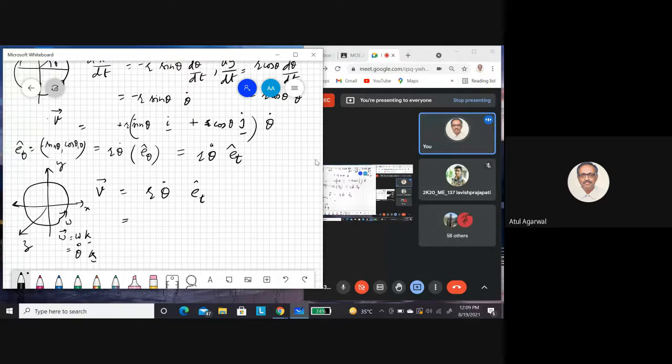Rate of change of angular position is your omega. So you can write this as omega k cross, you see this was the position vector r e r. Now this becomes omega k cross r.